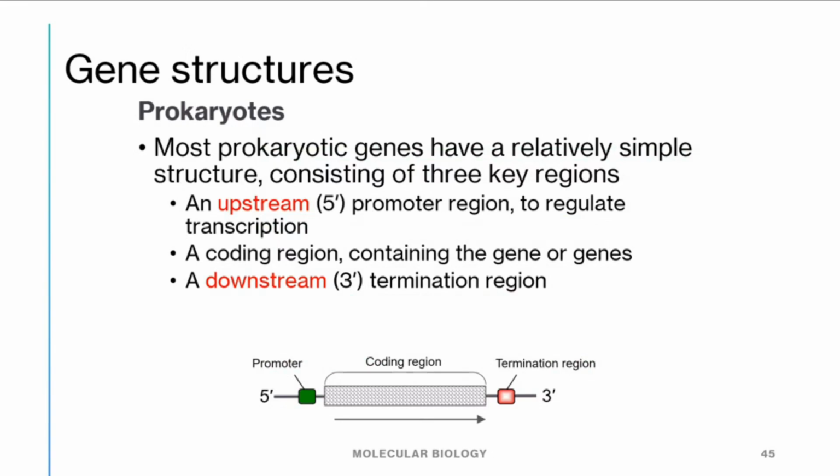Okay, let's take a look at the difference in gene structures between prokaryotes and eukaryotes. Most prokaryotic genes have a relatively simple structure consisting of only three key regions: an upstream promoter region, a coding region, and a termination region.